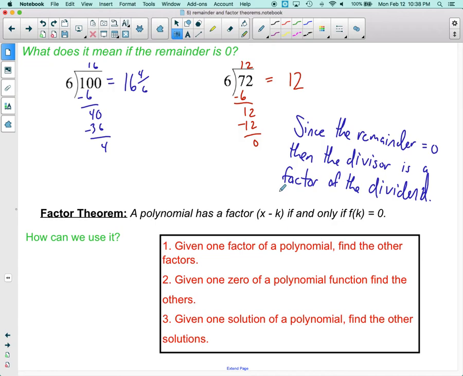Of course, finding factors is something we're very interested in. So if we can divide something by something else and get a remainder of 0, then our divisor, the thing we're dividing by, must be a factor of the thing we divided. So 6 is a factor of 72, whereas 6 is not a factor of 100. Okay.